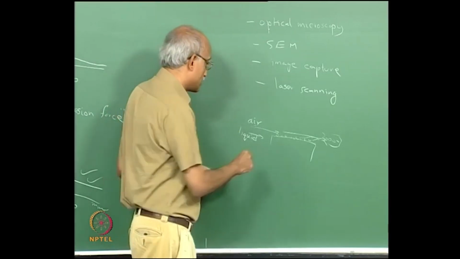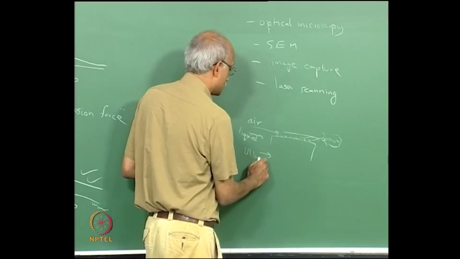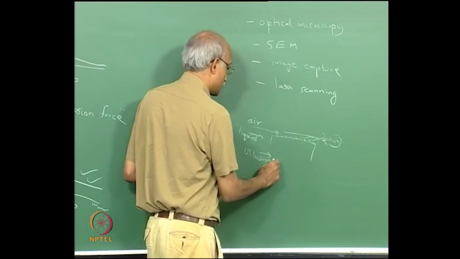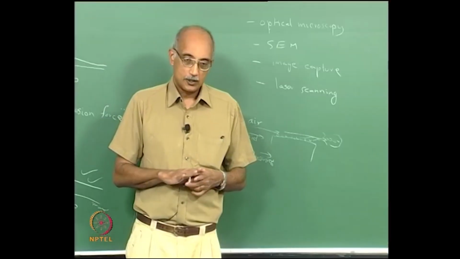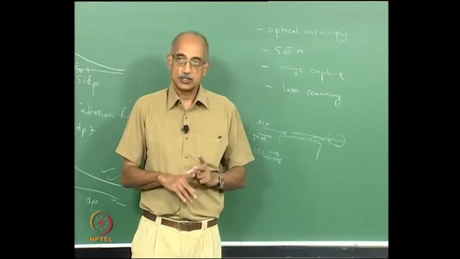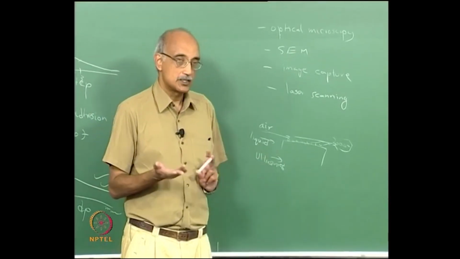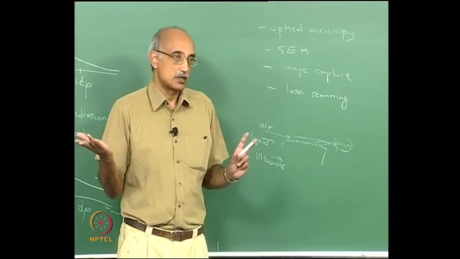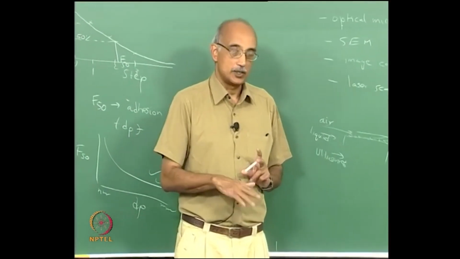Another extension of this, and again we will talk about this in more detail later on, is ultrasonics. As we will discuss later, ultrasound is a way of removing virtually 100% of particles from a surface regardless of their size. Ultrasound is the only mechanism that can remove particles that are as large as a millimeter to particles that are as small as a nanometer.